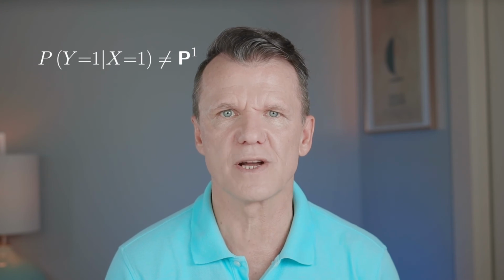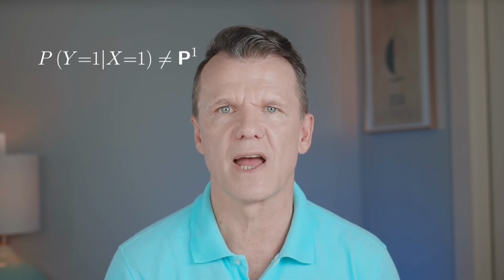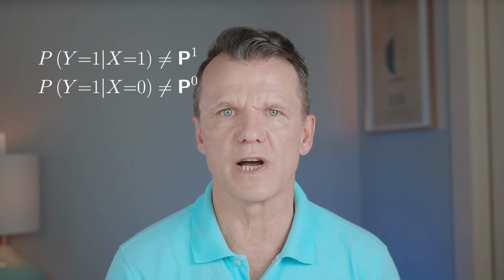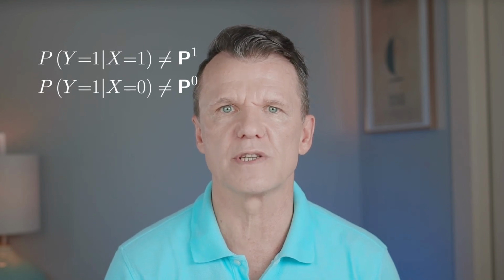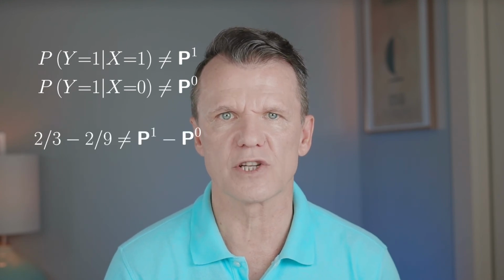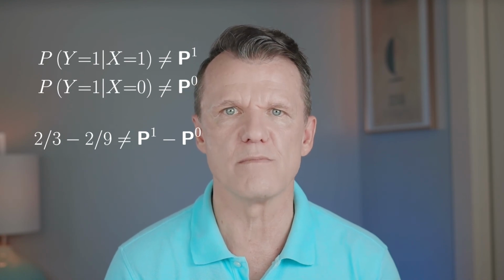There you have it. We cannot use the outcome probability in treated to represent the entire population had it been treated. The same is true about the outcome probability after no treatment. We cannot use it for the entire population if it were without treatment. That's why this conditional contrast, 4 out of 9, doesn't help us in comparing the marginal risks.